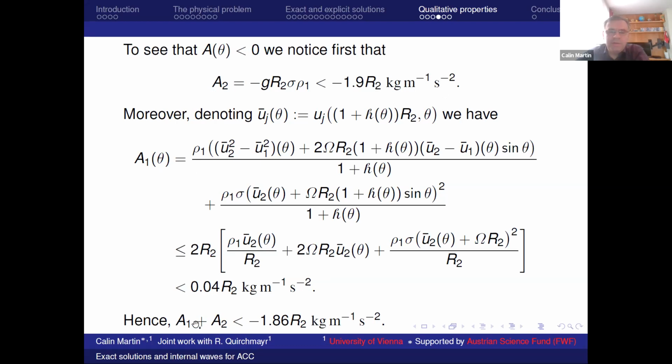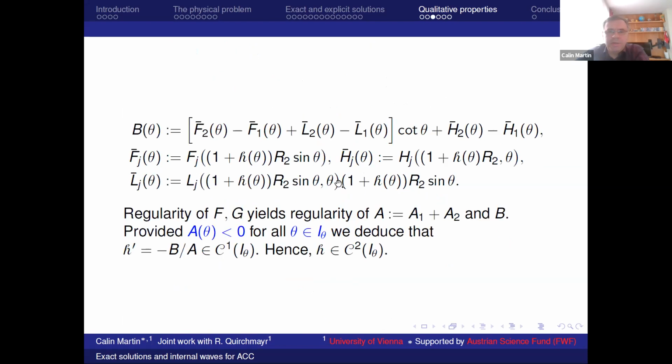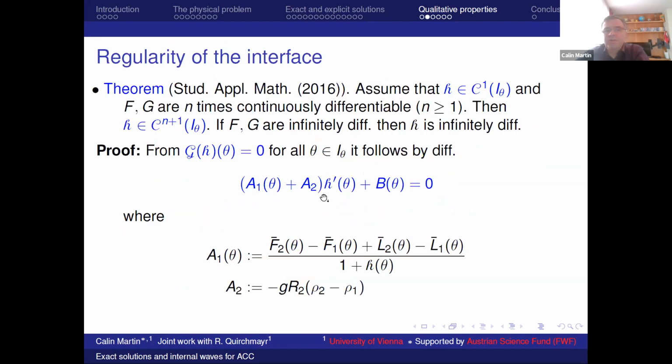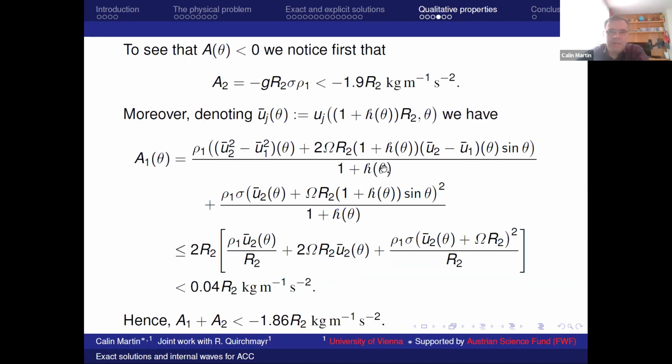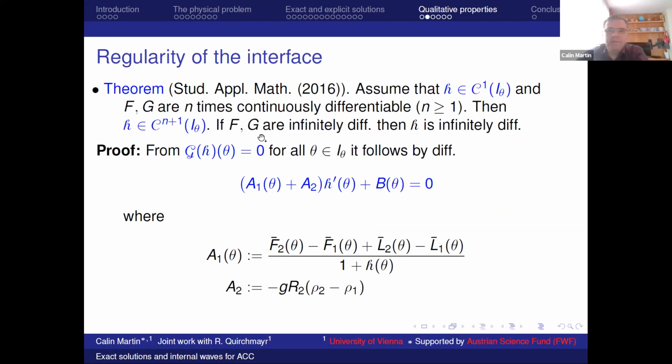So then therefore this sum is again negative. Since this is not zero, then we can move this to the right side and divide by it, and we can differentiate once again. And now we can use this argument repeatedly to show that indeed, if this F and G are infinitely differentiable, then also the interface is infinitely differentiable.